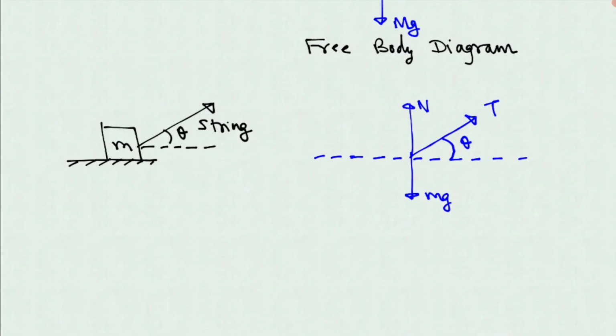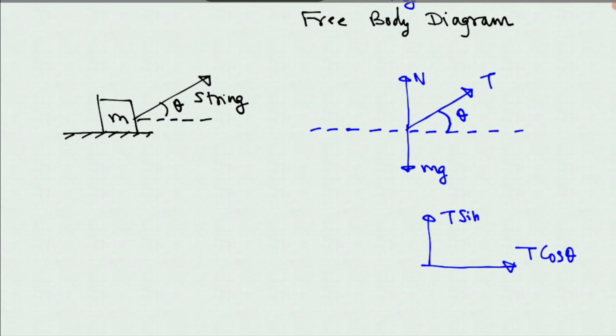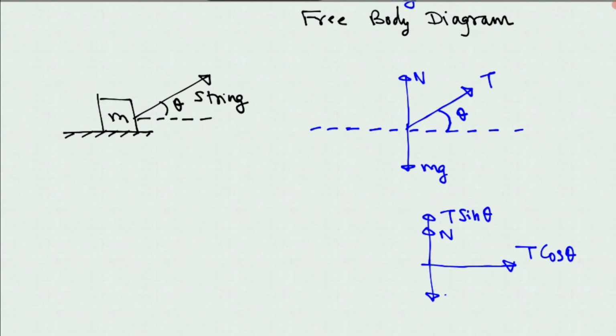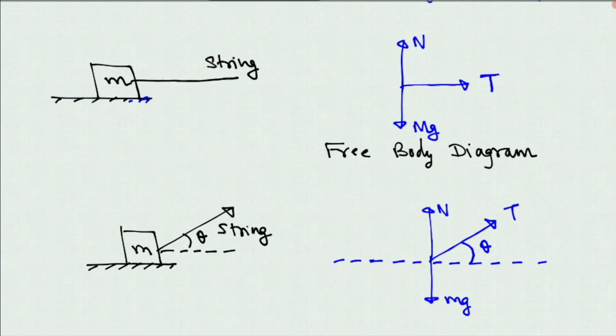We can break tension into two components, one along the surface. So this will be T cos theta, and one perpendicular to surface, T sin theta. Normal is as shown previously. Mg is acting downward. So what could happen to this block when the string is connected to it?